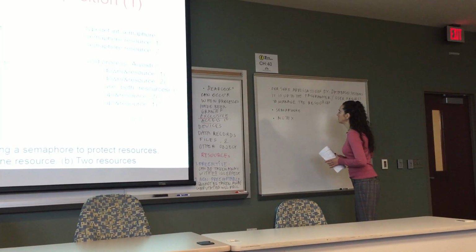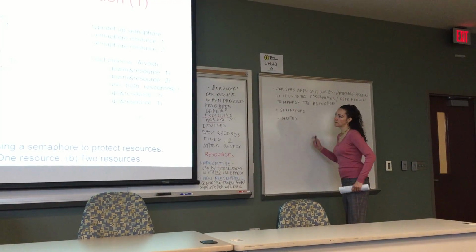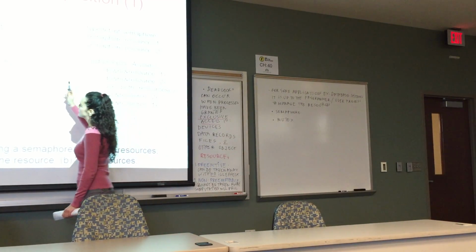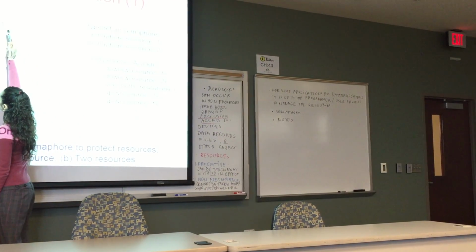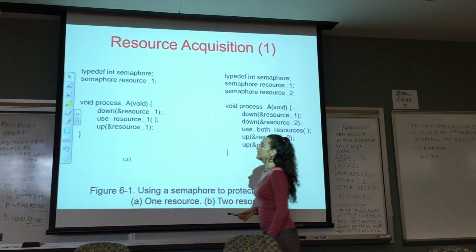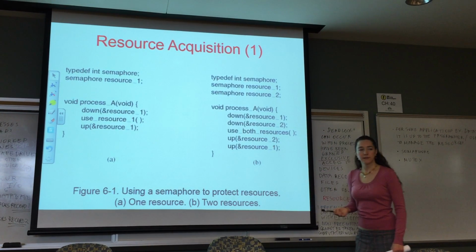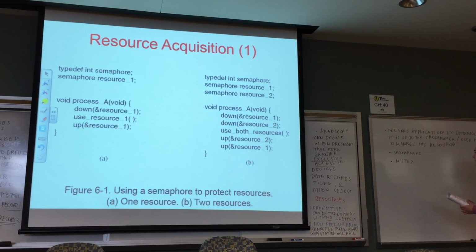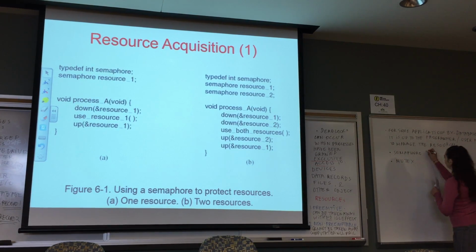So what we can do is create one of these semaphores. We have a semaphore structure, and we create one semaphore and assign it to a resource that we have to manage. This way we allow exclusive access to that resource.